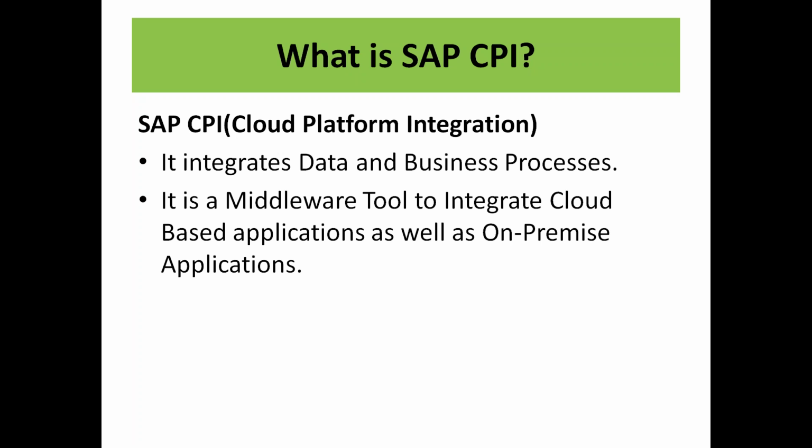We can integrate in two ways. One is using SFTP: you place all your data from legacy systems into an SFTP folder, and from the SFTP folder SAP CPI can read and integrate that data into the target system, whatever it may be.